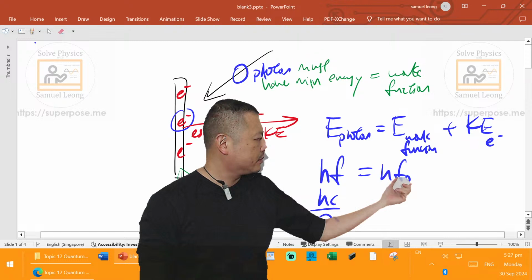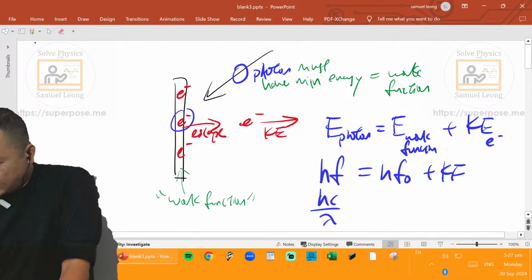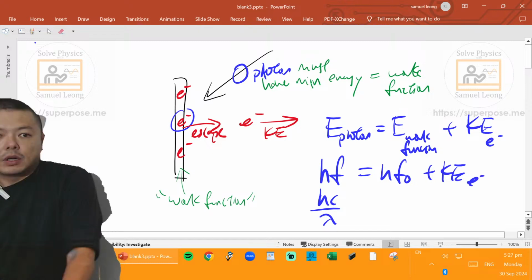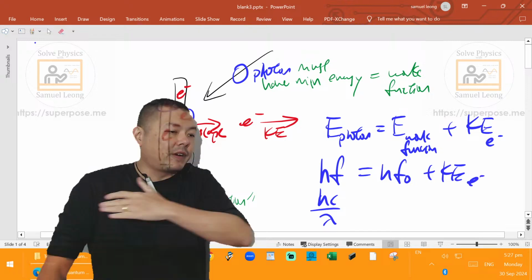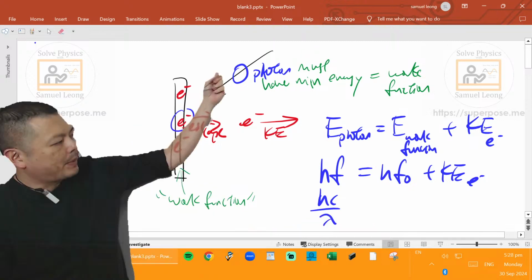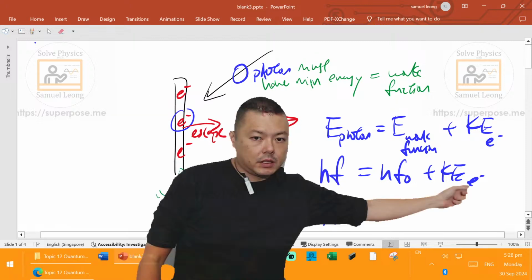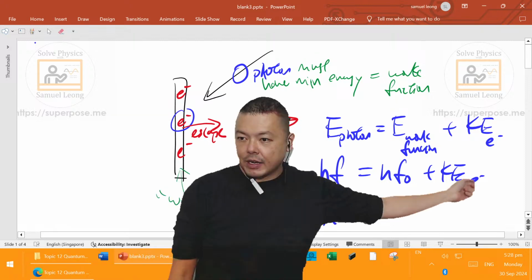Again, whatever surplus, you get your Ke of the electrons. So very quickly we established the first relationship: the frequency of the incoming light will affect the amount of Ke that your electron has.